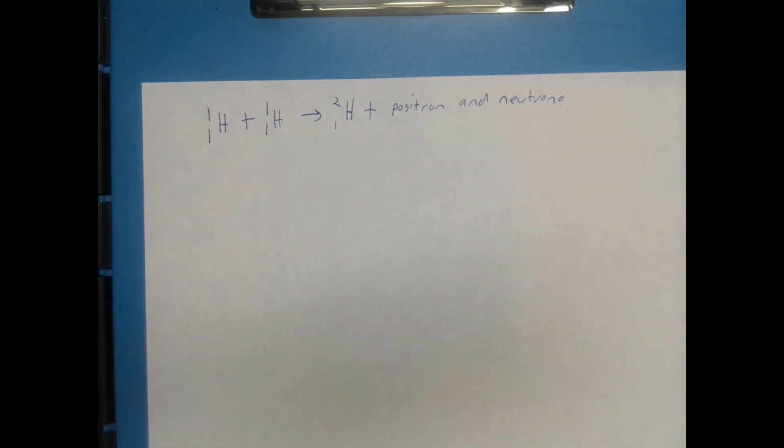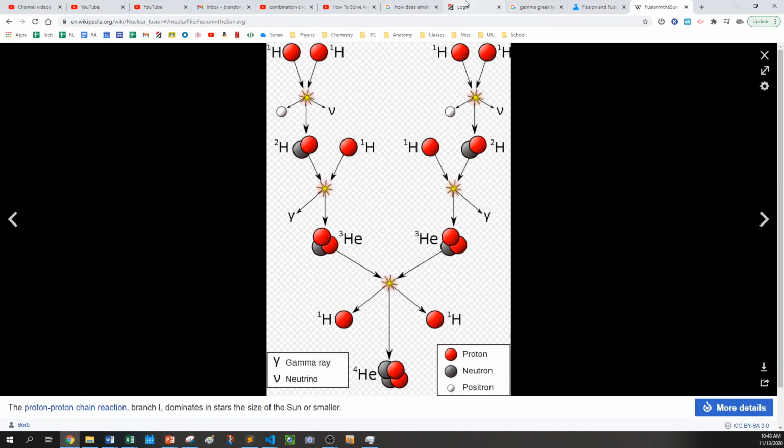So this is the main sequence of how stars use their energy. We start out with 2 hydrogen atoms. Because of the temperature and gravity and pressure, they come together and collide. A positron, which is an anti-electron, a positively charged electron, and a neutrino fly out.